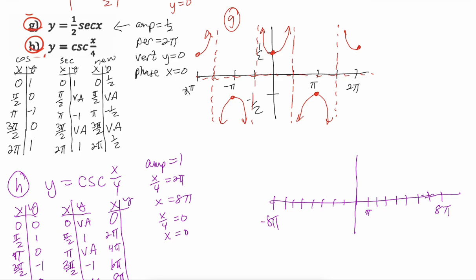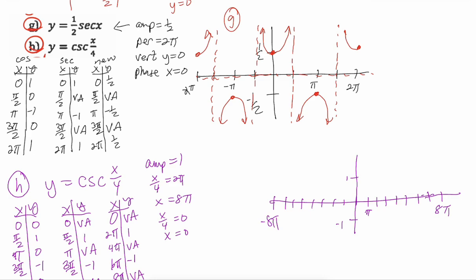But we can still just go up 1 and down 1 because there's no change in our amplitude. There's no change in our y value. There's nothing on the outside of our function to mess up our y value. So it's going to go vertical asymptote, 1, vertical asymptote, negative 1, vertical asymptote.